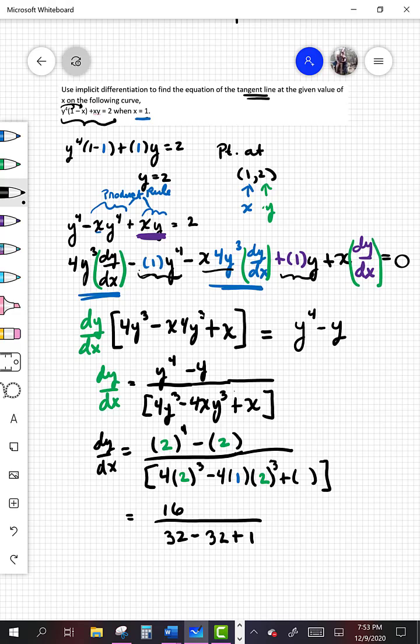So plus a 1 minus a 2. So my denominator, I have 16 minus 2, which is 14, all over 1. So I know my slope of my tangent line is going to be 14 at the point (1, 2).